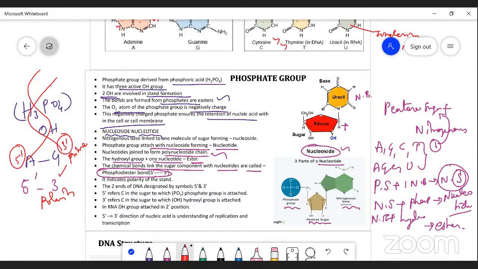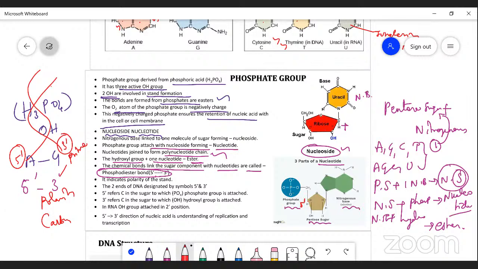What is 5'? 5' refers to a carbon in the sugar, and the phosphate group is attached to that carbon. See, the phosphate is attached in this region of the pentose sugar, so this region is called the 5'.